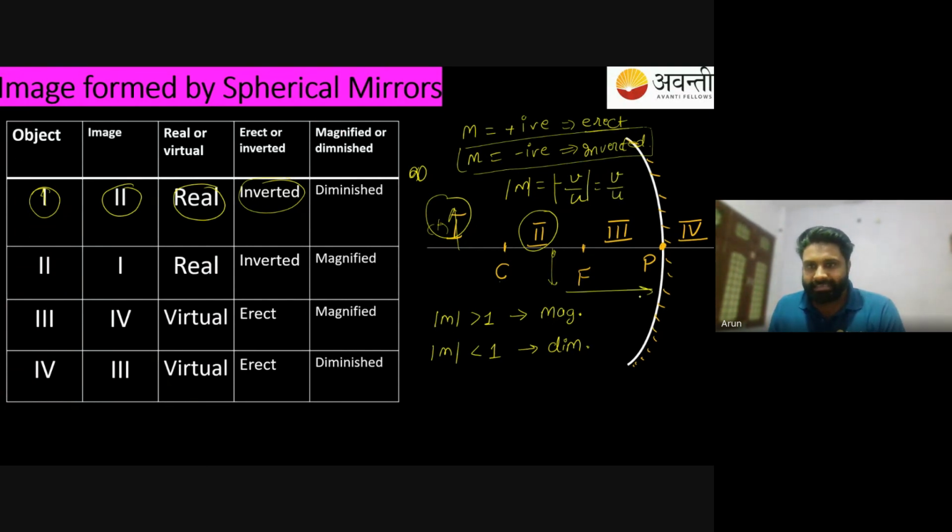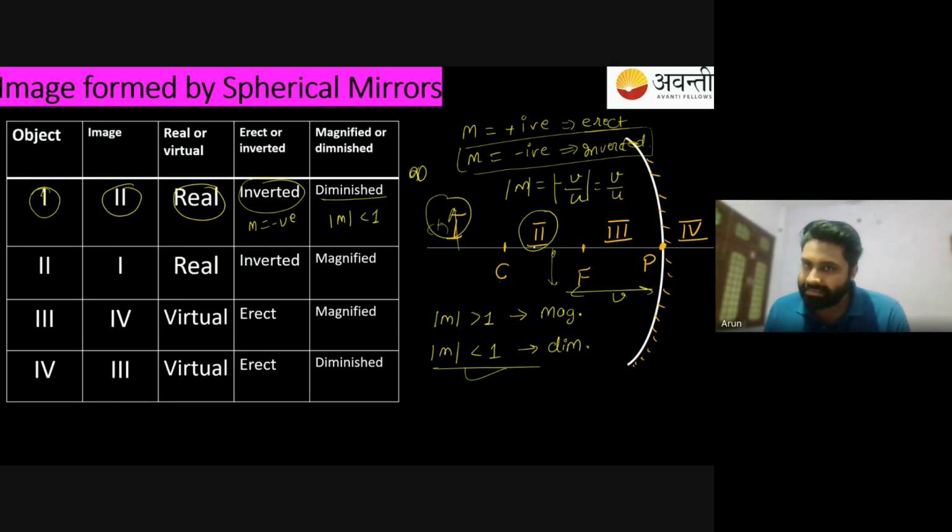Here v is less than u, obviously you can see. ठीक है. If v is less than u, then this ratio v by u is less than 1. So the image would be a diminished one. Got it? For the inverted nature, we have m negative here, and mod of m is also less than 1.